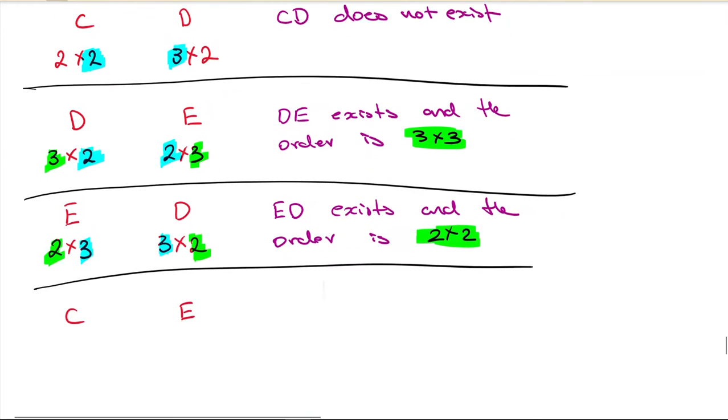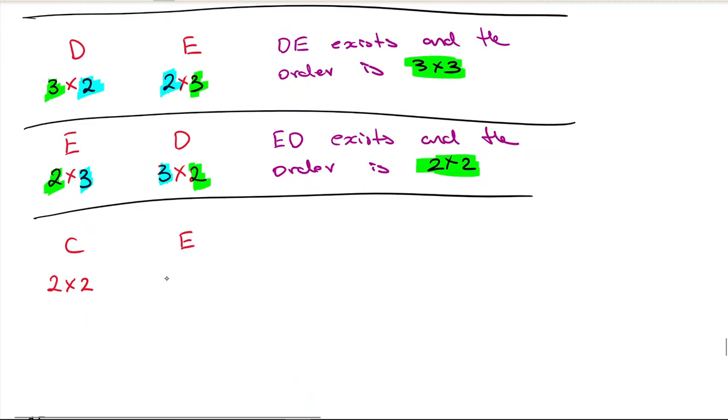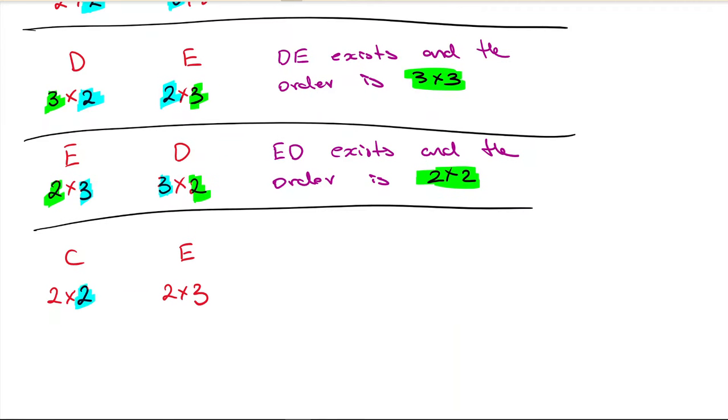C is 2 by 2, E is 2 by 3, so the matrix exists because the number of columns in matrix C matches the number of rows in matrix E, and then the new order would be 2 by 3.